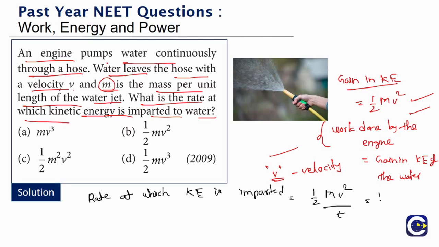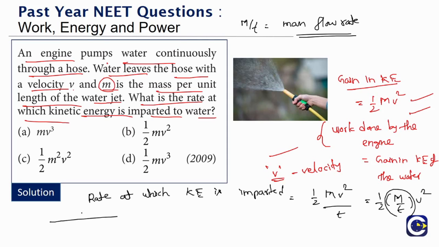If you look at it, we can write it like this: half capital M by t into V square. What is this capital M by t? Capital M is the mass that is coming out, divided by t, which is the mass flow rate, the rate at which the mass is coming out of the hose pipe. That is not given.